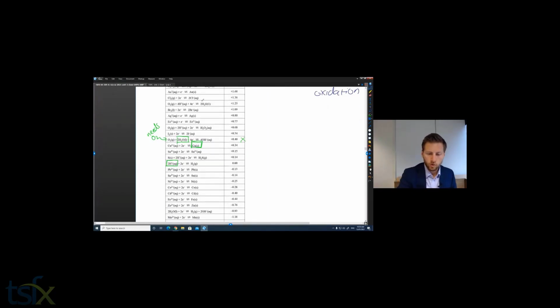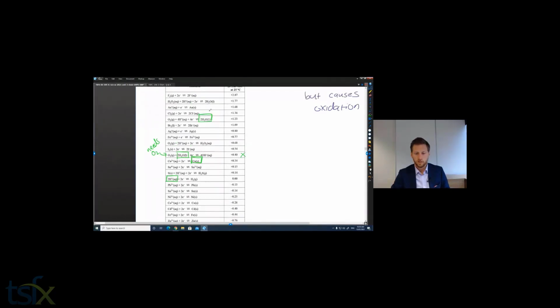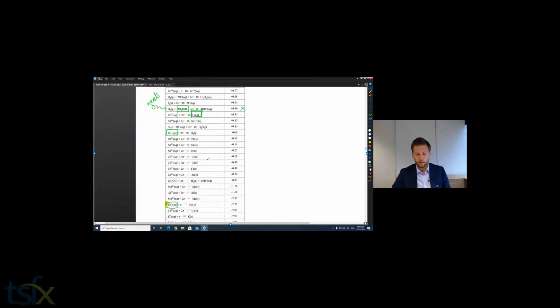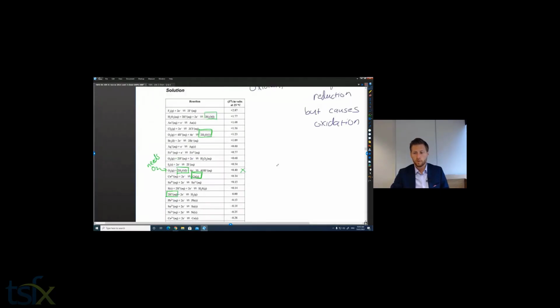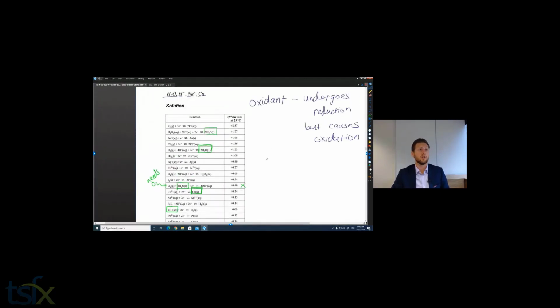Okay, you've got water here as well. That water can react, potentially. There's water here. There's also water down here. All right, so there are a few different examples of water. So we want to say which one undergoes reduction, which one can be reduced.